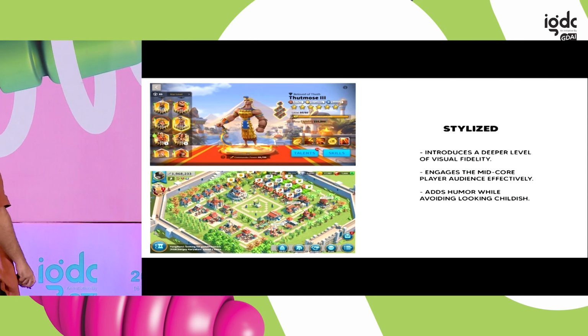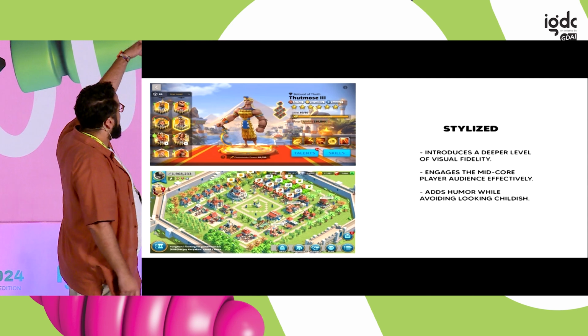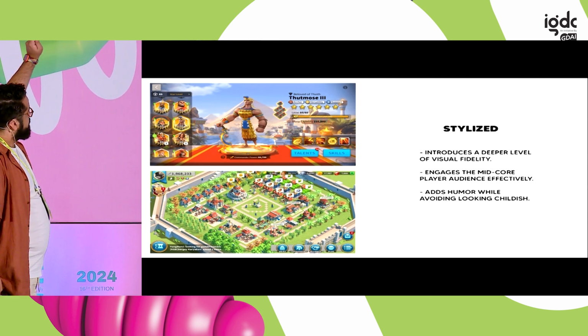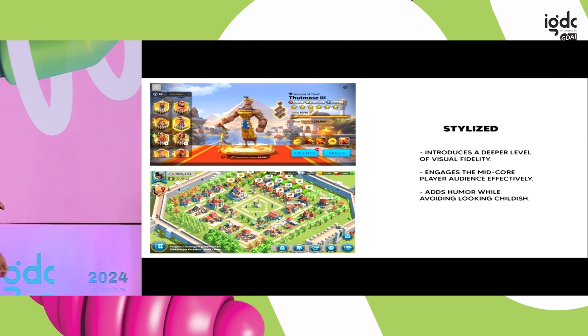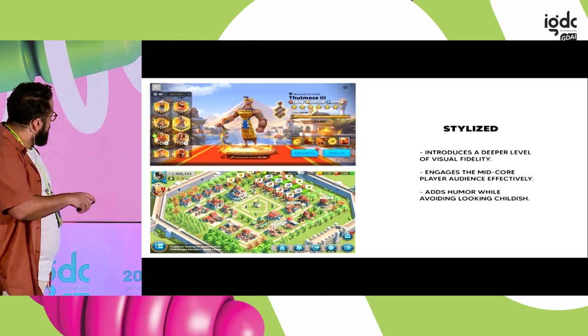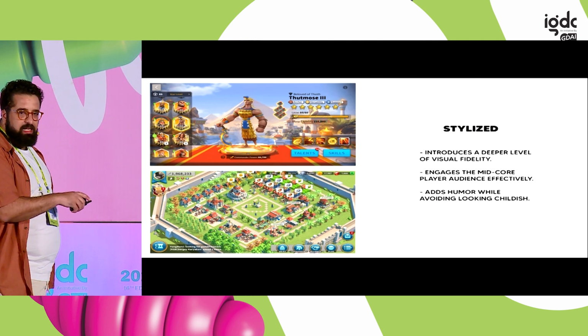Here, in Rise of Kingdoms, for example, the characters are super unique, right? And here, I forgot that I have the laser thing. Here, it's a little more convoluted, complex, but still, if you look at each of these buildings, they will still have the stylized look.